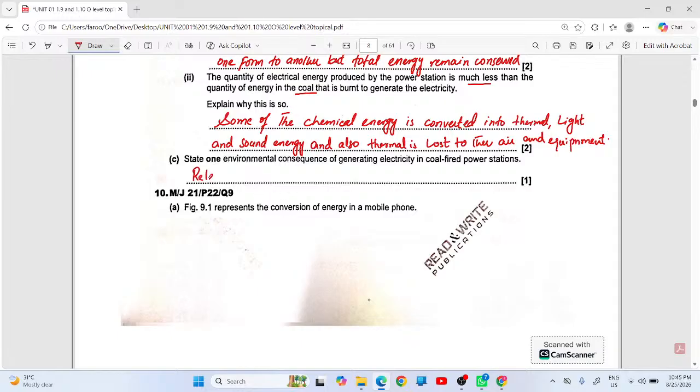Releases carbon dioxide gas, causes global warming. ऐसे ही है.